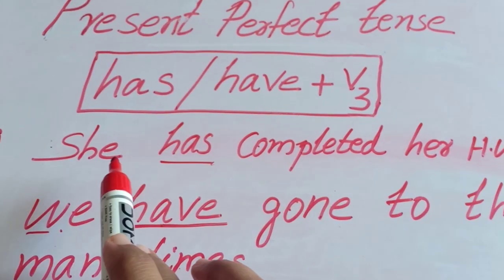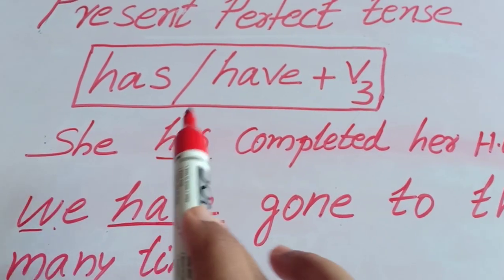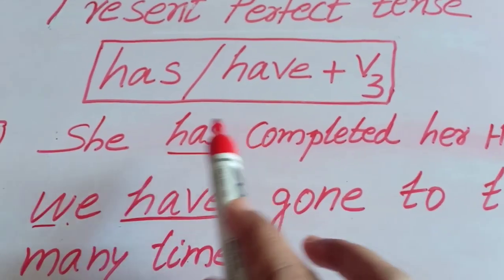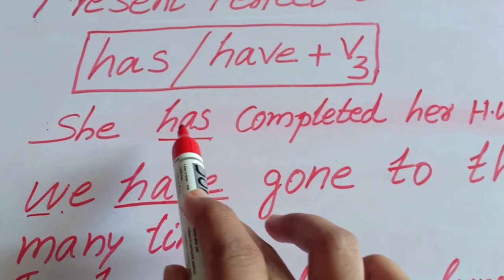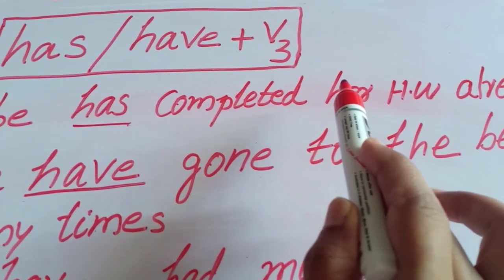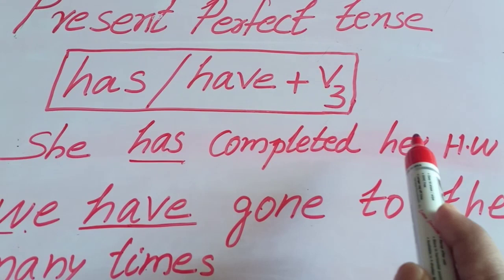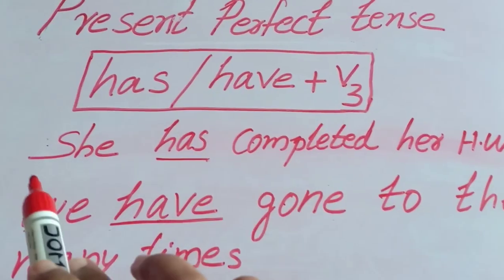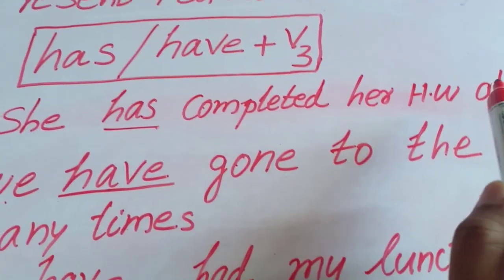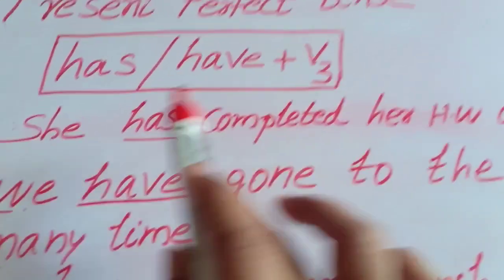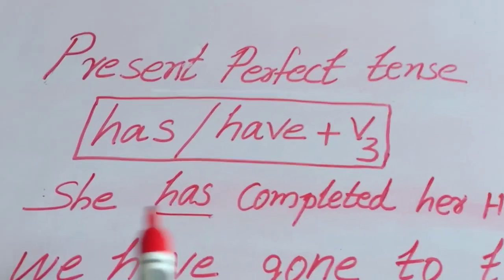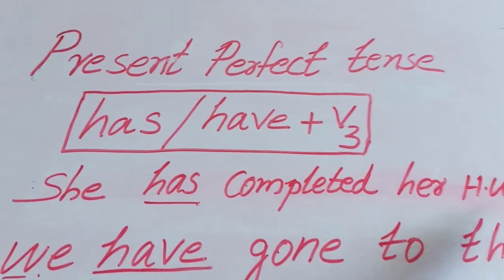So to speak about the immediate past means it just happened before and its effect is there now also. Her homework is with her. So it just happened but its effect is now. In these cases we will use the present perfect tense. She has completed her homework already.